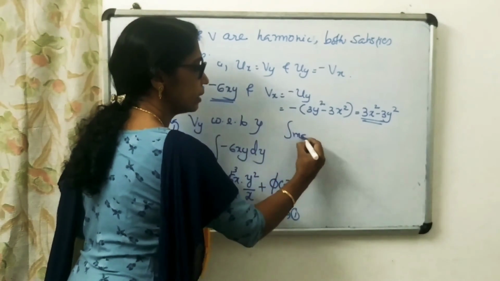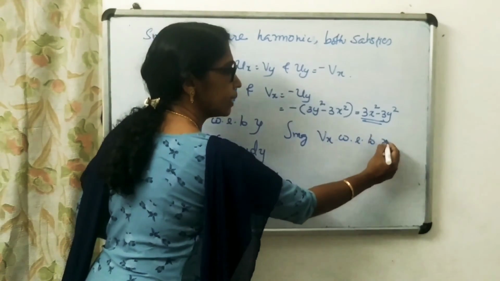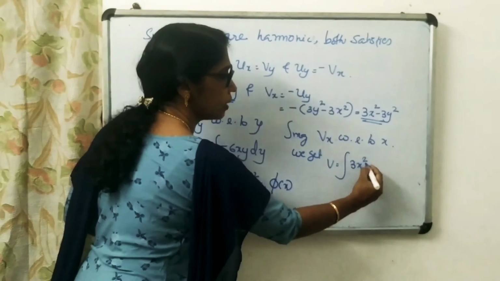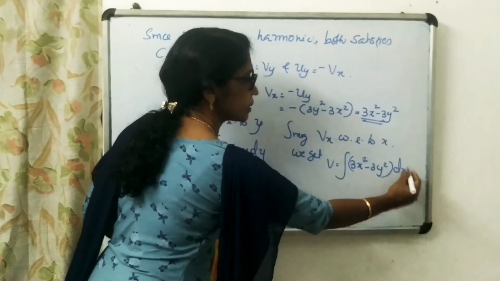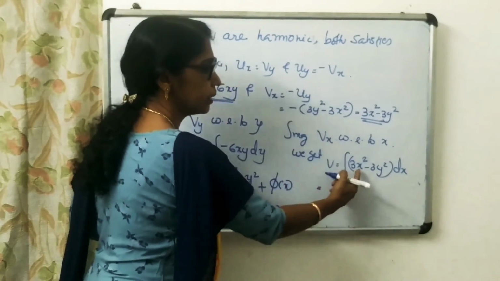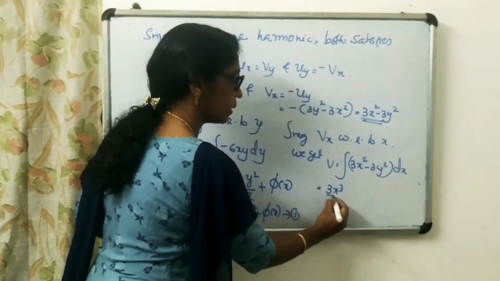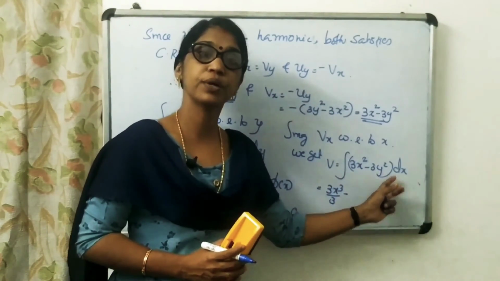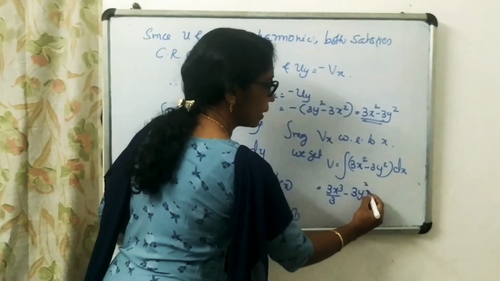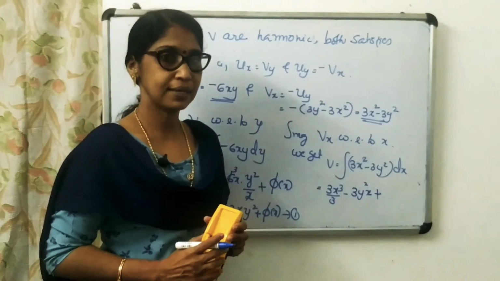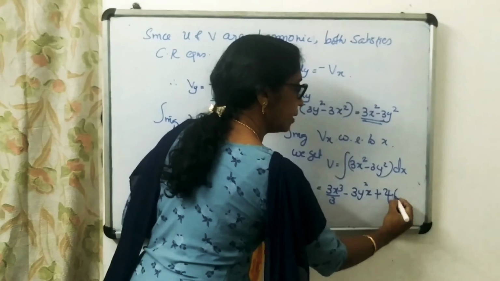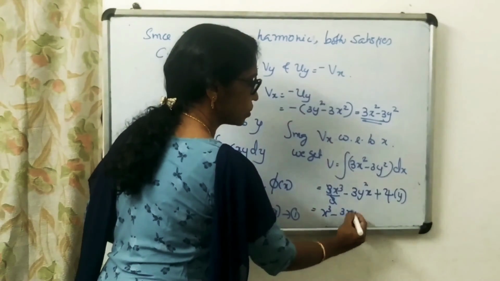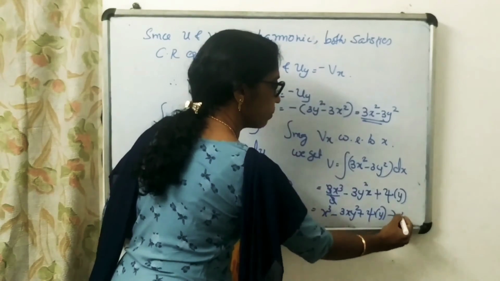We get v = the integral of (3x^2 - 3y^2) dx, which is 3x^3/3 minus 3y^2 times x, plus the constant of integration, which is a function of y, psi(y). So v = x^3 - 3xy^2 + psi(y), equation number 2.